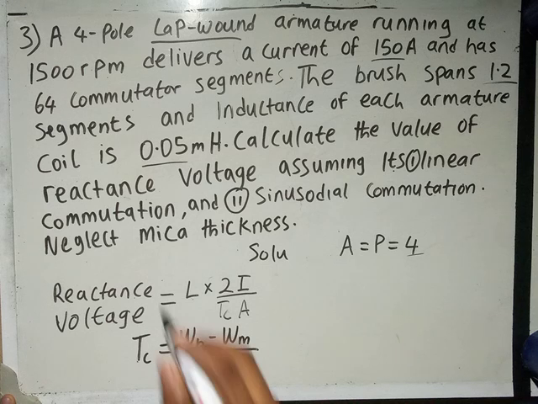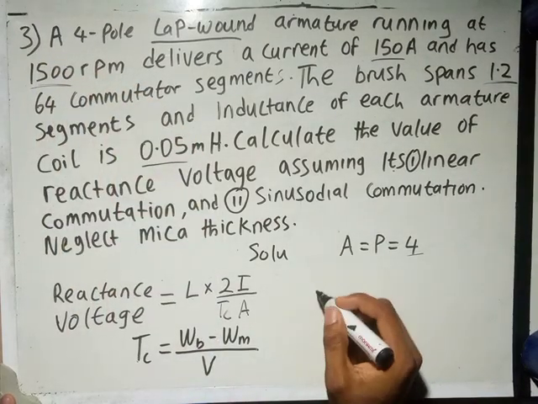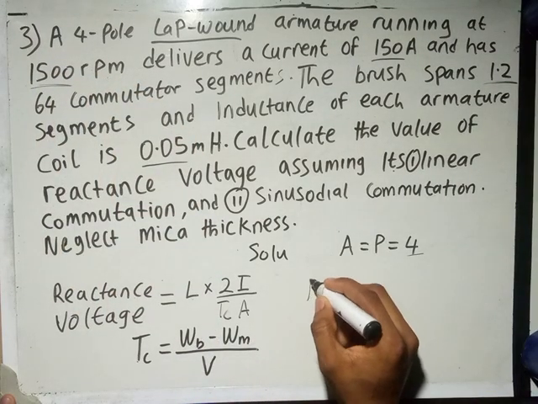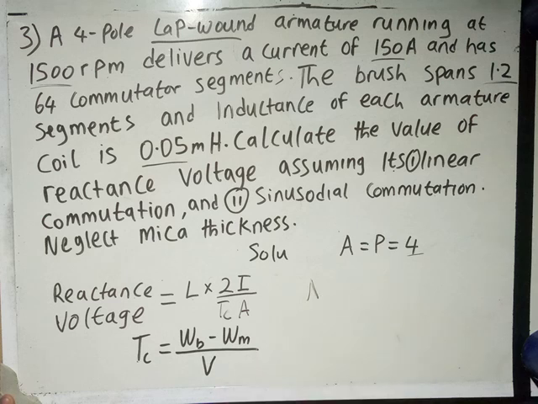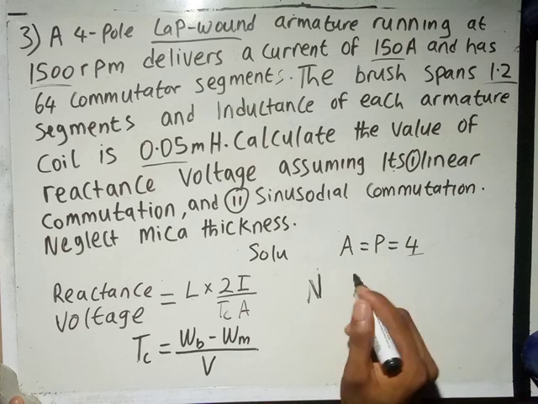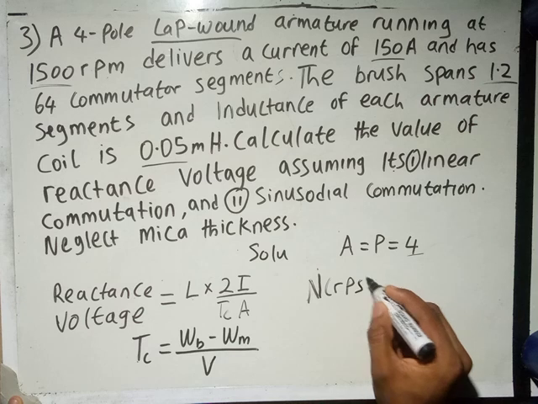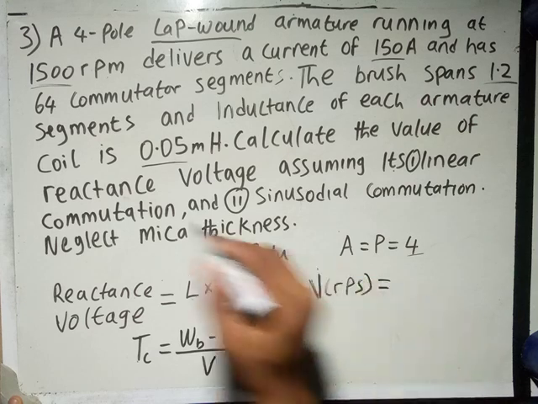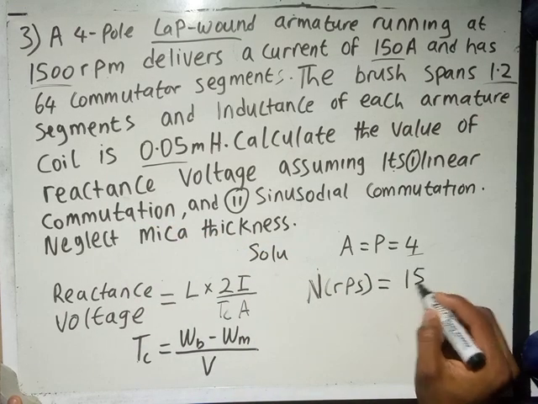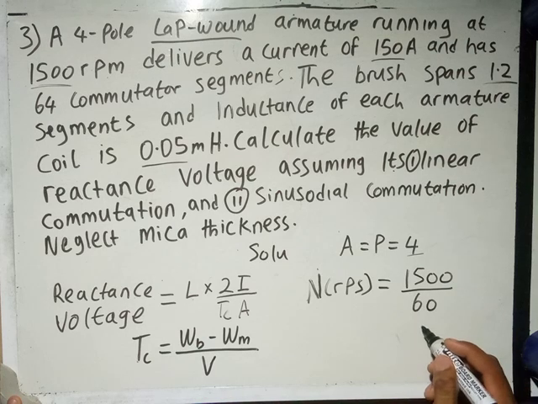So doing that, we convert the speed to revolutions per second. That will be 1500/60.